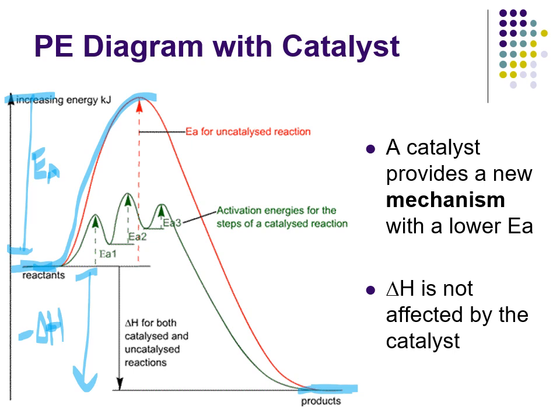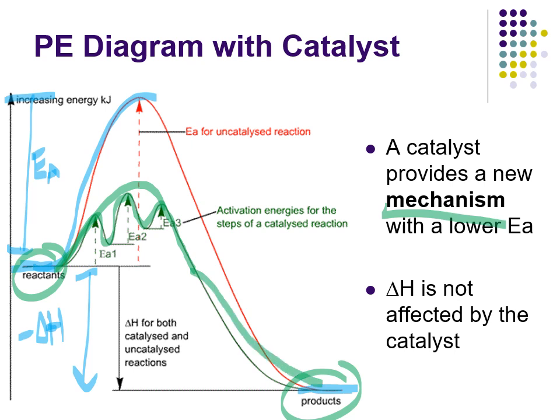But what a catalyst does is it says, okay, well, let's try a different route. Let's try another mechanism or a different pathway, doing things slightly different. We're still starting with the same reactants and ending with the same products, but we're going to go through some alternative pathway, and it could be broken up into several steps, or maybe it's just one alternative step. But whatever it is, in order to get the products, its Ea is going to be less.